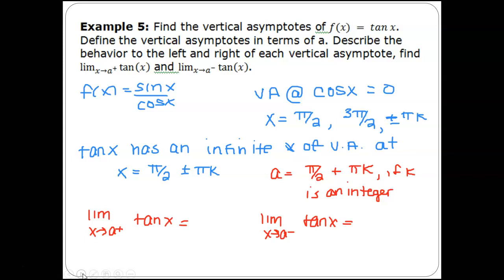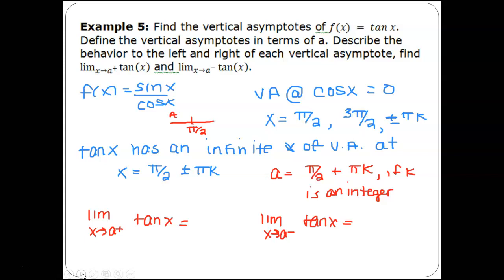So if you're talking about pi halves, to the left of pi halves, all trig functions are positive because you're in quadrant 1.